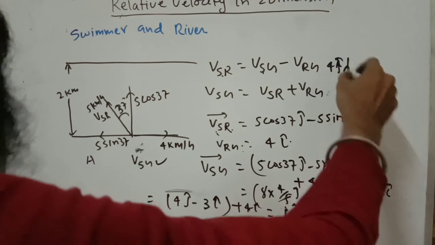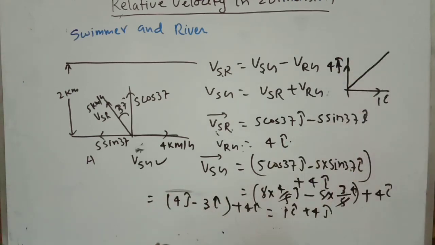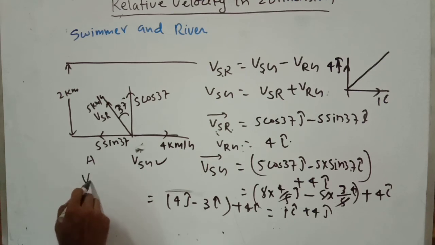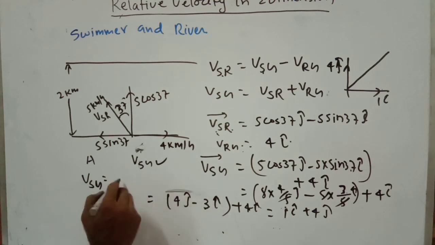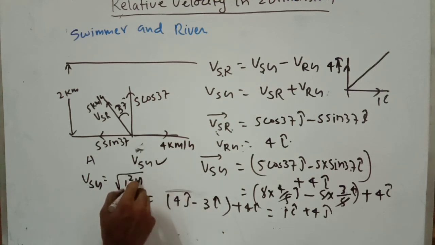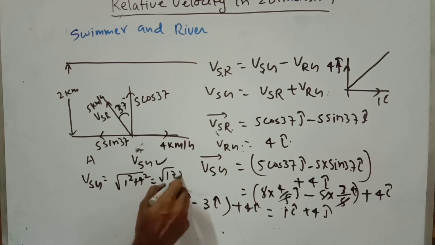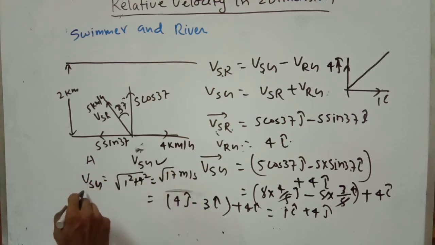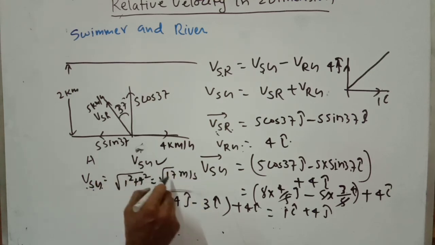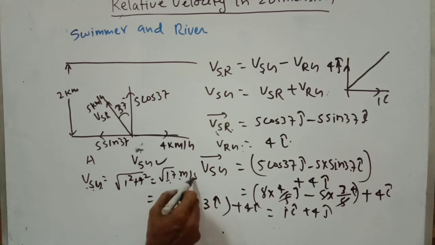That means the swimmer will go in this direction. The resultant velocity of the swimmer with respect to ground equals square root of 1 square plus 4 square, that is square root of 17 meter per second. So that's the velocity of the swimmer with respect to ground. And at which angle?